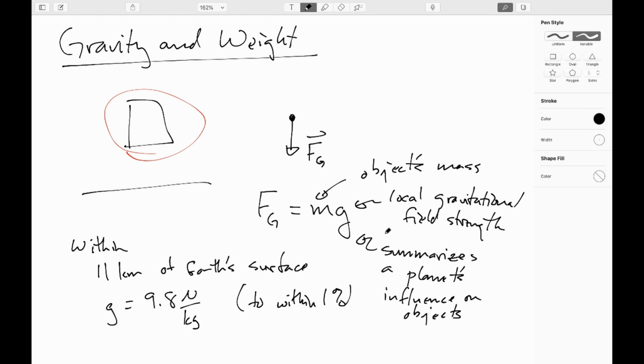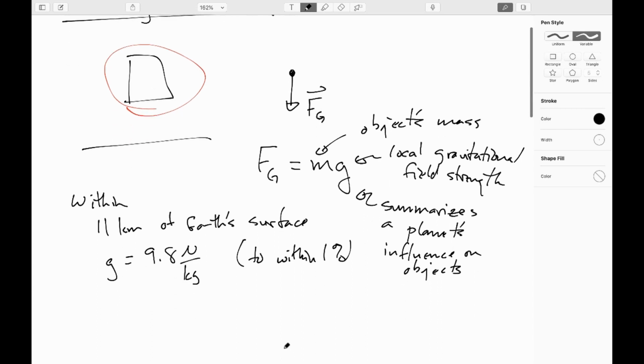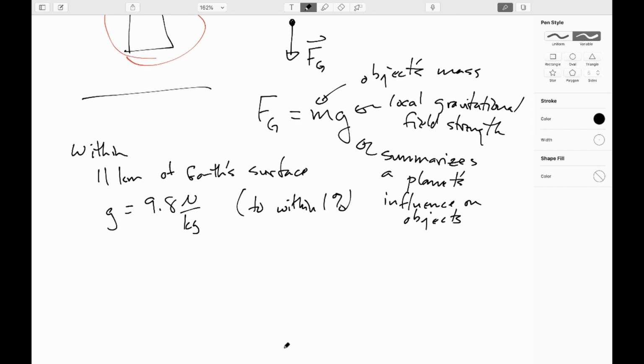The reason I prefer to write it this way is that when you study fields much later on, you'll find that this is a typical way of writing field strengths, is force per charge, if you will. And here, the object's gravitational mass is effectively its gravitational charge. So I like doing this just to remind myself of a very important fact.